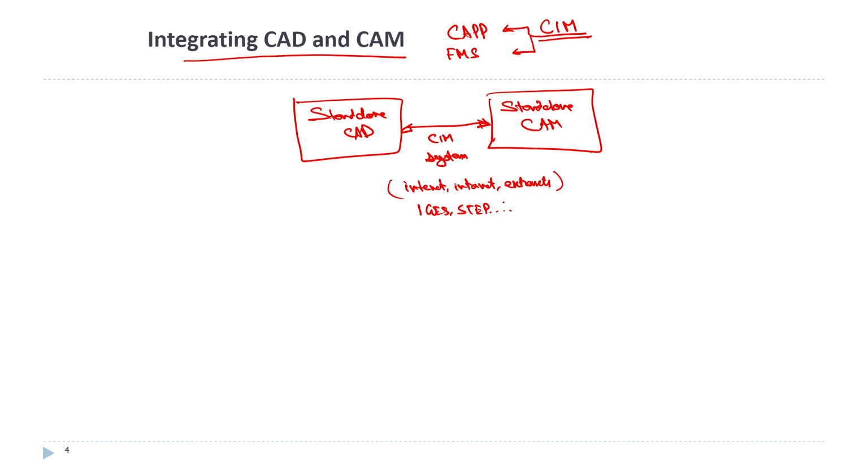Now, we have a crucial step in CNC programming that helps to communicate between the machine tool and the design. Here I said design, I could also say my drawing.